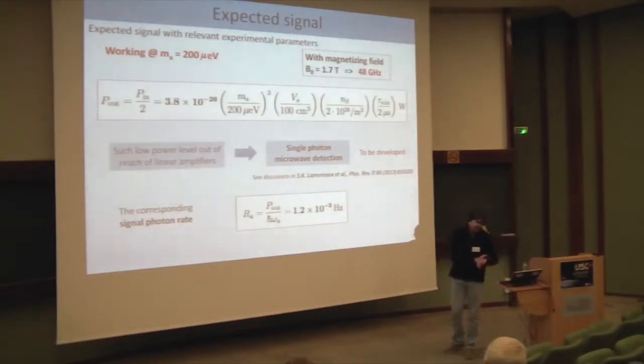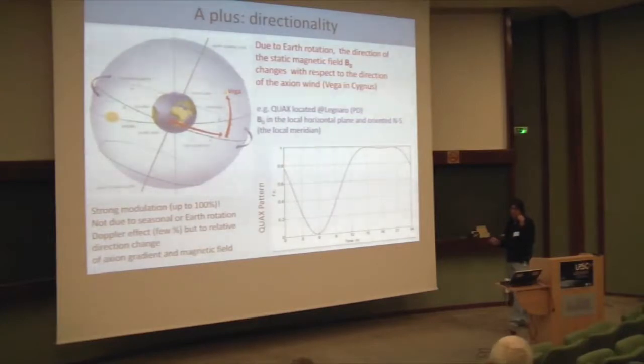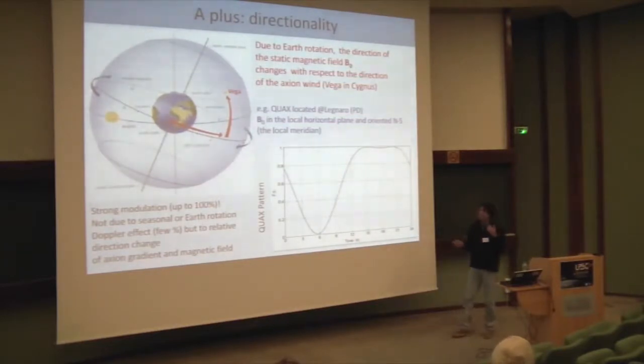One thing that will help us to do the experiment is that since we are sensitive to the effective field, this radio frequency field is determined by the motion of the Earth through the dark matter halo. The radio frequency field has a well-defined direction.